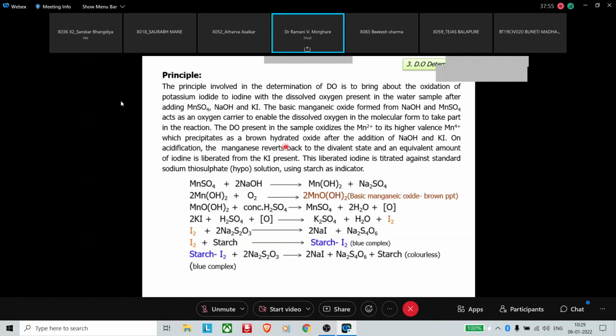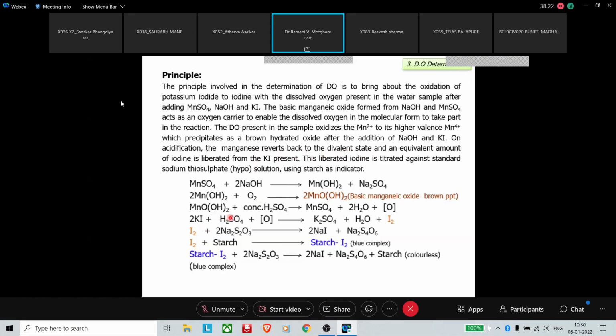Okay, so the DO present in the sample oxidizes Mn2 plus to its higher valence Mn4 plus, which precipitates as brown hydrated oxide after the addition of NaOH and KI, or alkaline iodide azide reagent. It should be written here. On acidification, the manganese reverts back to the divalent state.